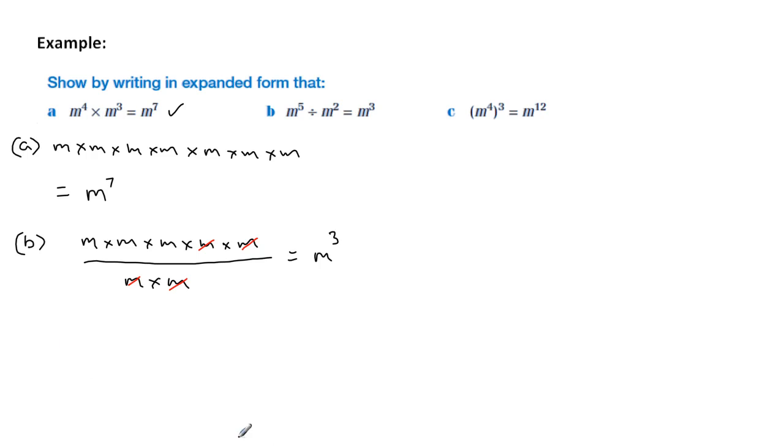And finally C. Now C is definitely a longer idea. This is why index form notation is so good. So m to the 4, I'll just write the question down here, m to the 4 raised to the higher power of 3. That means that we've got 3 lots of this. So first of all I could write this out.